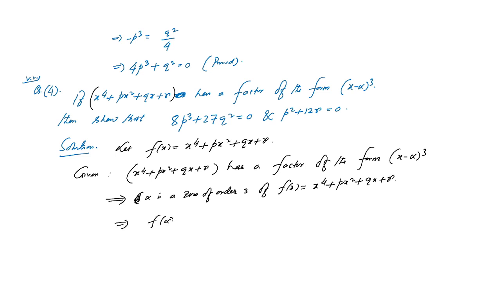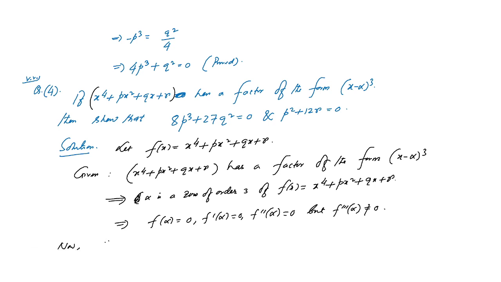So that means f(alpha) equals 0, f dash alpha equals 0, f double dash alpha equals 0, but f triple dash is non-zero.